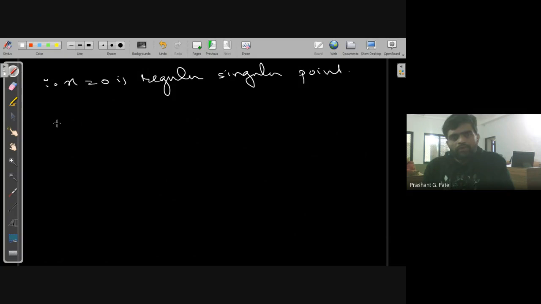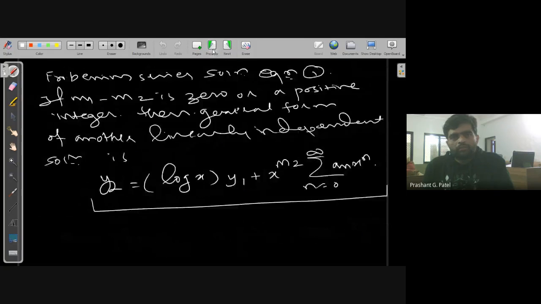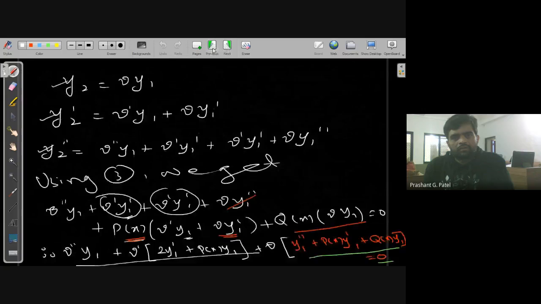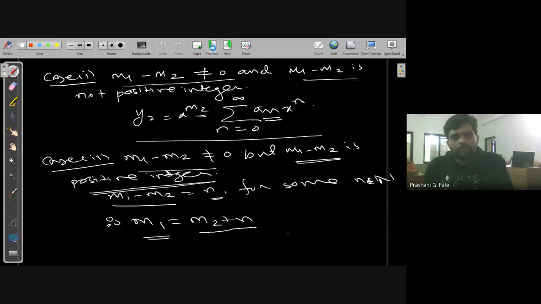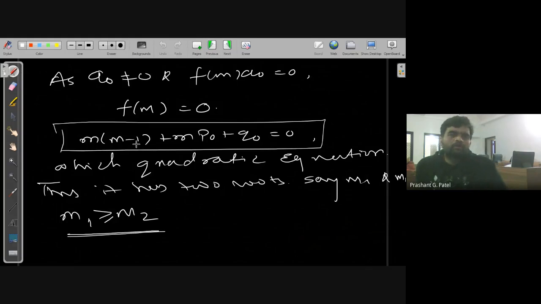The indicial equation can be written as m into (m minus 1) plus m p0 plus q0 equal to 0. If you observe our previous theory portion that we have discussed, the indicial equation is this: m into (m minus 1) plus m p0 plus q0.